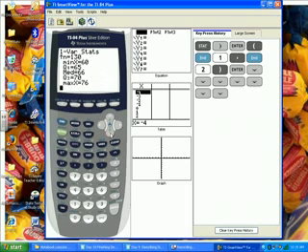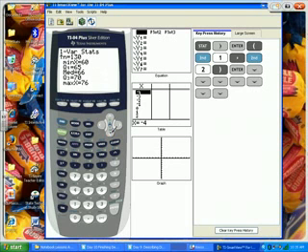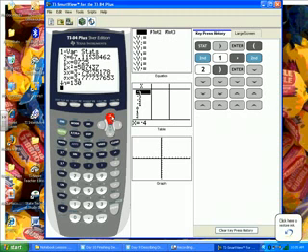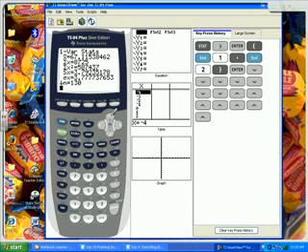Hey, let me ask you this. Can you tell from this data if this is skewed or not? Our median is 66. Now, what was our mean? What's our X bar? 67. So we are skewed a little bit.